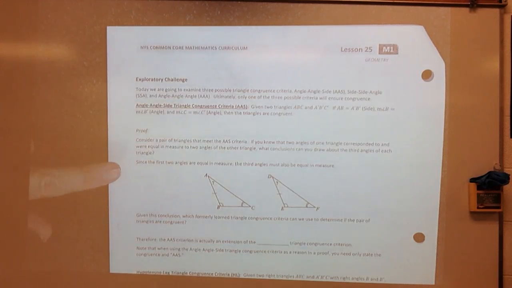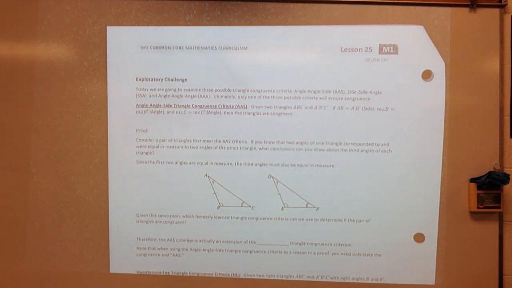All right, so here's our proof. Consider a pair of triangles that meet the AAS criteria. If you knew that two angles of one triangle correspond to and were equal in measure to two angles of the other triangle, what conclusion can you draw about the third angle of each triangle?